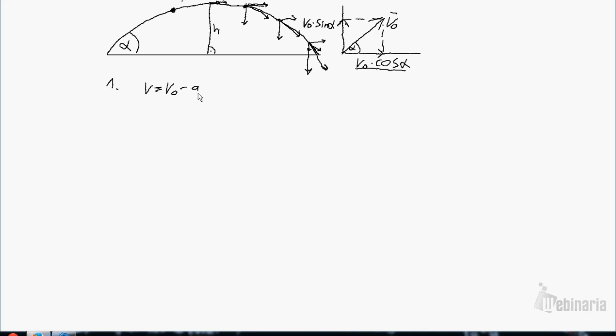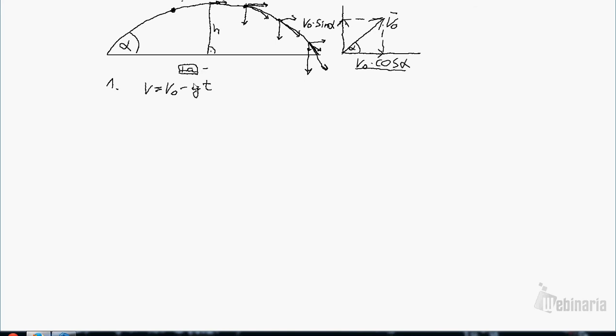Good for us. We just defined the vertical component of our V0. And how do we calculate? If a motion is vertical, V equals minus G times T. Why is it minus?